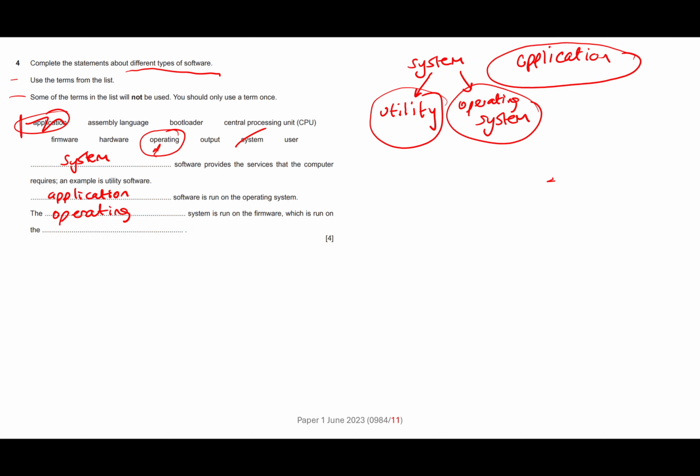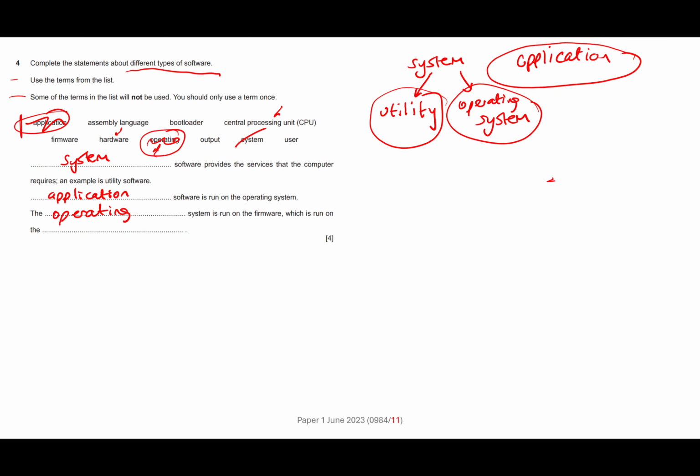So the operating system is run on firmware, which is run on the blank. What do we have left? We've got firmware, user. Again, most of these words don't fit. So really, I think you'd be down to the central processing unit and hardware.